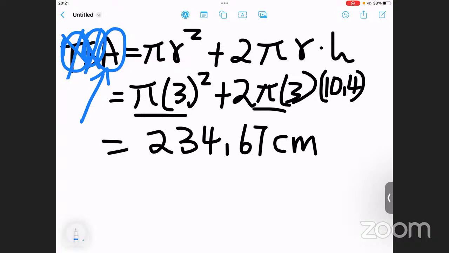It just depends on what you're given. It could be millimeters squared, it could be kilometers squared, etc. So on this one, is it centimeters or centimeters squared? Just centimeters. We're not calculating the area. We're calculating the total surface area.